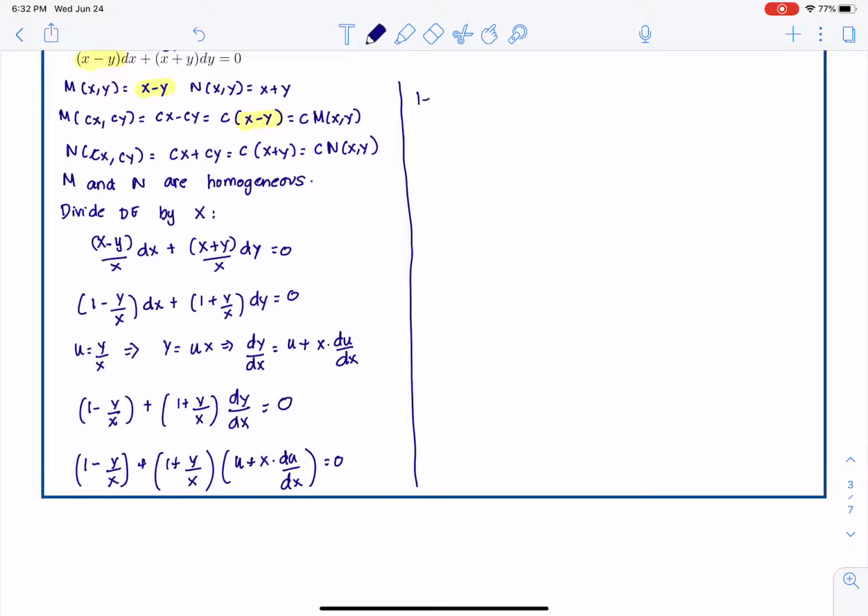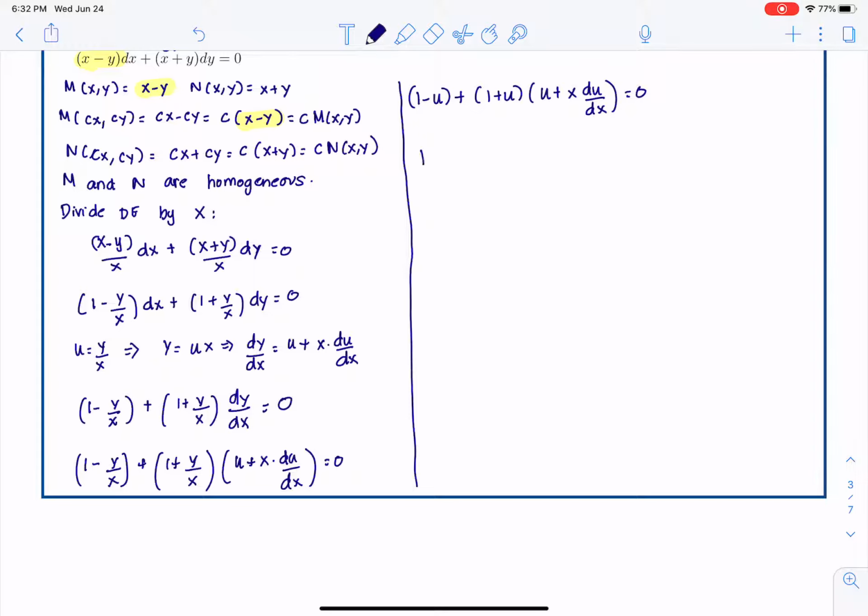So (1 minus u) plus (1 plus u) times (u plus x du over dx) would equal 0.